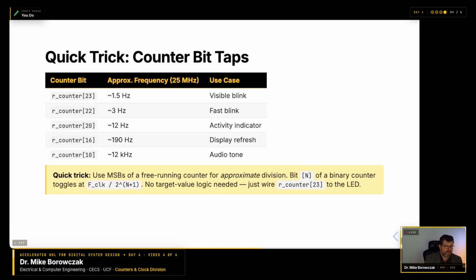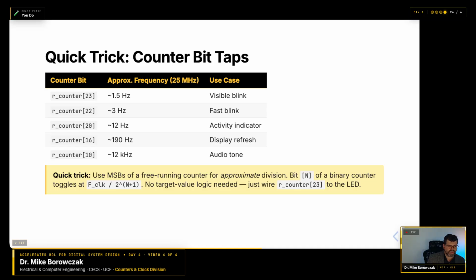So what I'm going to revisit for a moment is a super quick trick, but really it's more than that. It's commonly used. You can imagine that I have a counter that's running, and we've already established it's running at some frequency, some rate.